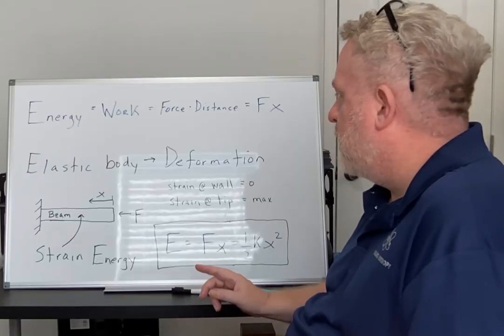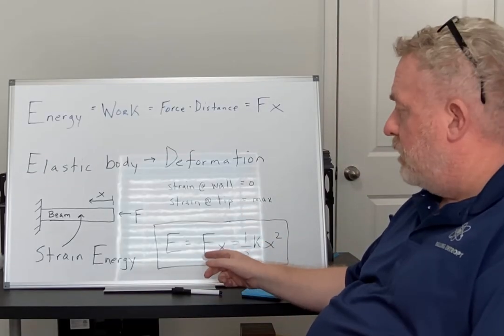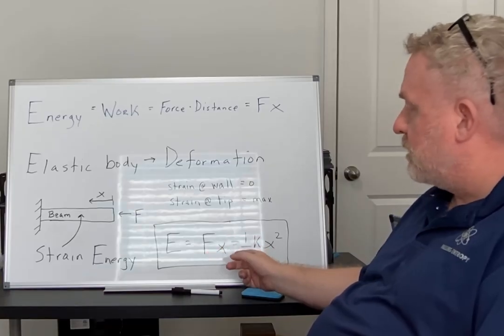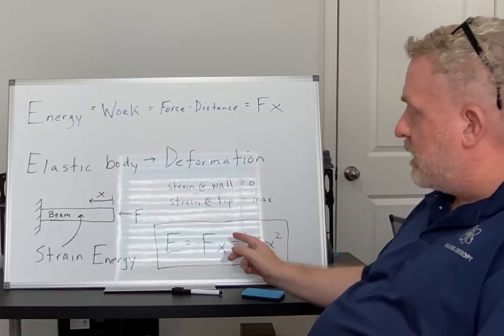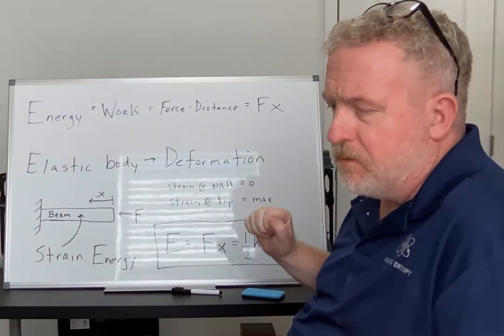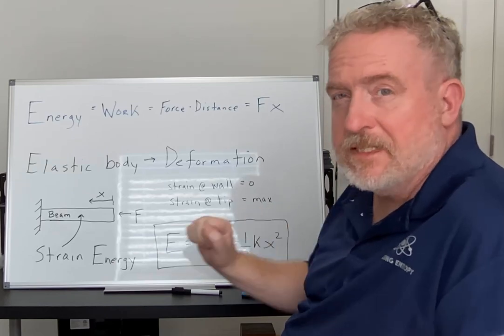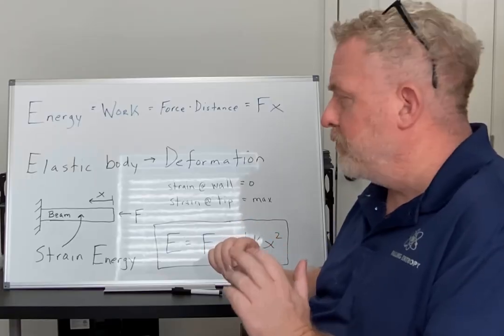If you look at this equation here, it's energy equals force times X. And then we have another X, because this is actually the response. So force is like a reaction force. It's a stiffness force where the body's resisting the force. So it replies back with a stiffness, right?